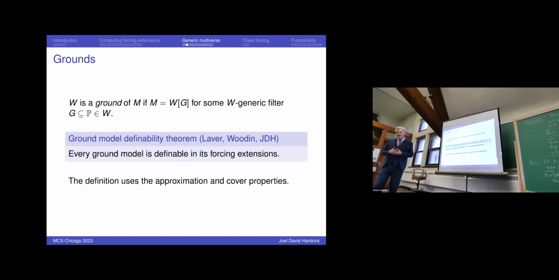And I said, oh, I can prove that theorem, and I sent him the proof using my approximation and cover property, and he wrote back to me. He never showed me his proof. I've never seen his proof. He told me that obviously that's the right way to do it, and so he used my proof in his paper, but wouldn't also do it independently.